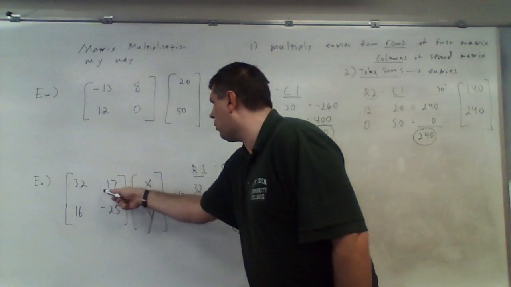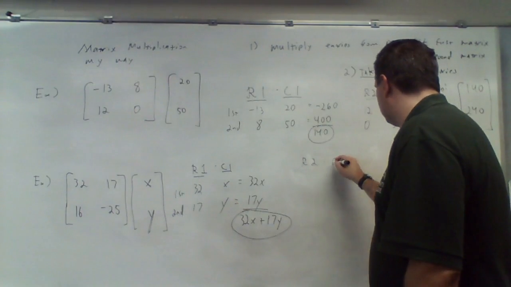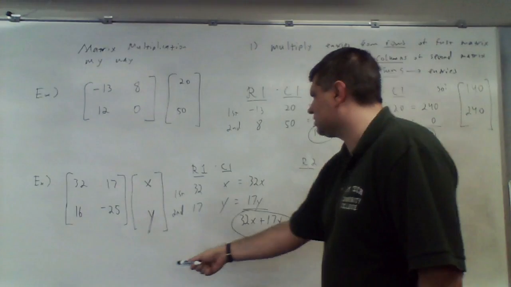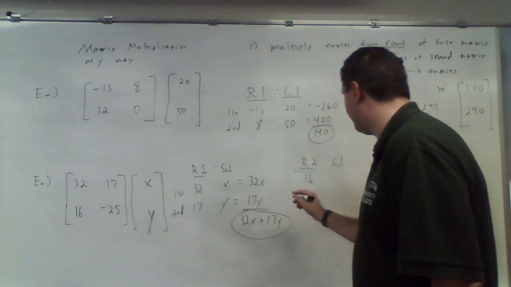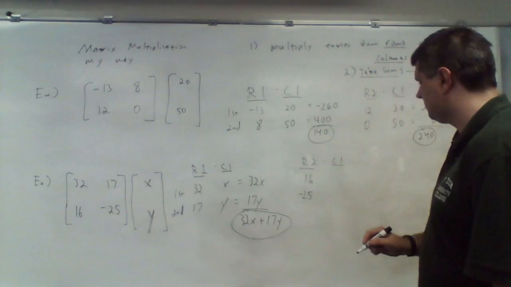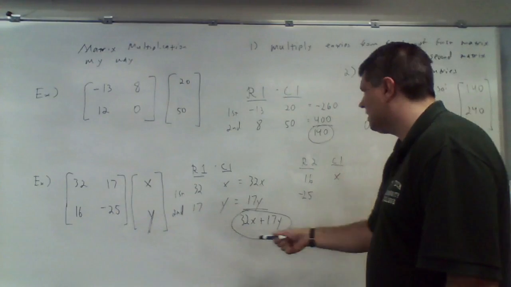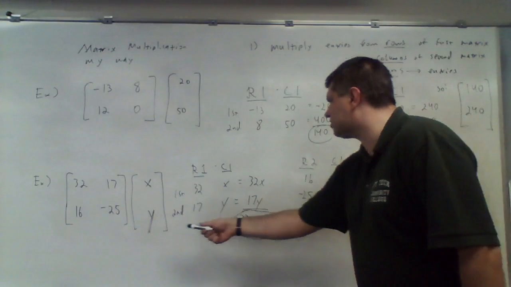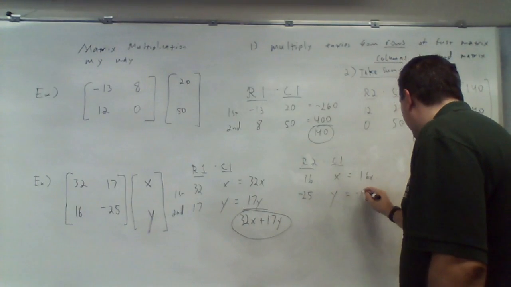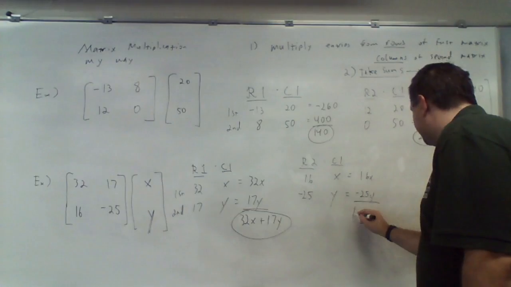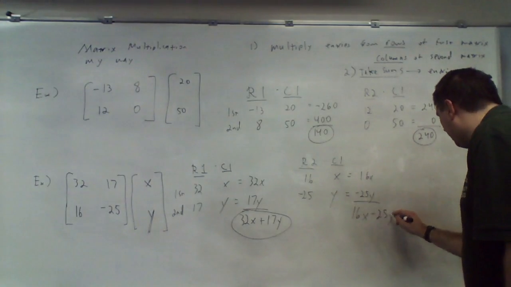So we've done row 1 by every column. Now we need to do row 2 by every column. So the first entry is 16. The second entry is negative 25. And then column 1's first entry is x. The second entry for the first column is y. So that'll be 16x minus 25y.